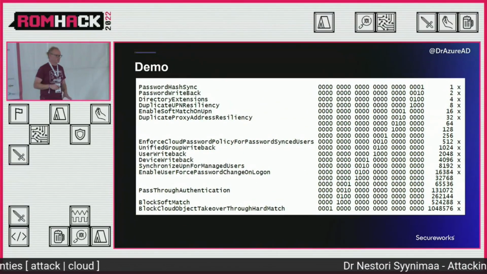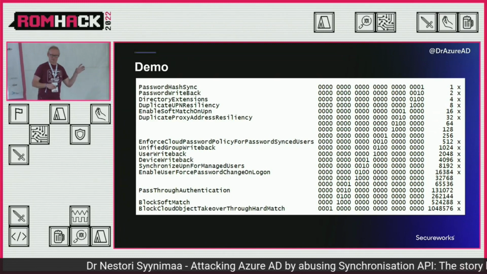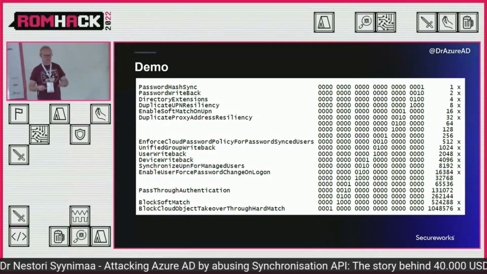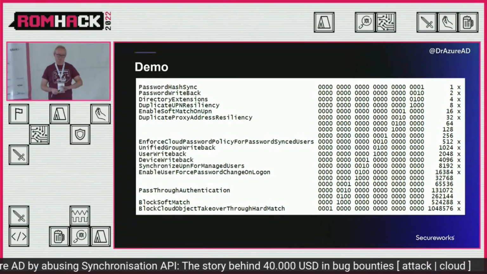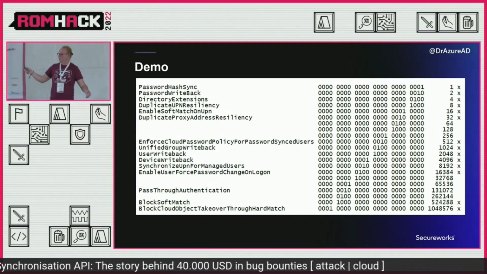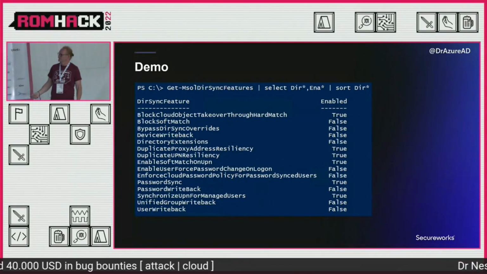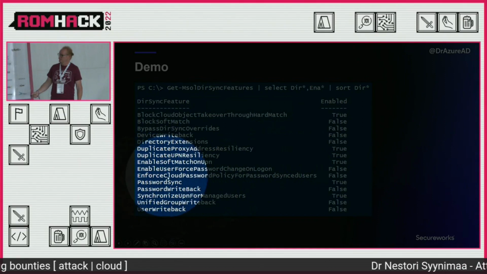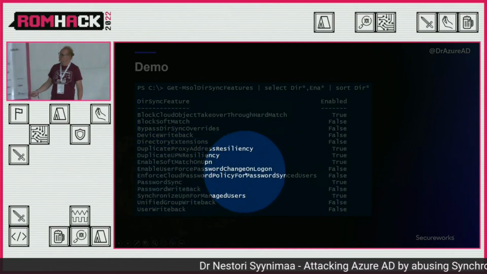Also I was able to find out that as a global admin using that Microsoft command, you were not able to change all of those settings. But with this API, you were able to change everything, even those that you are not supposed to. And here are things that I haven't even tried. What does this mean? Enable cloud password policy for password sync use.